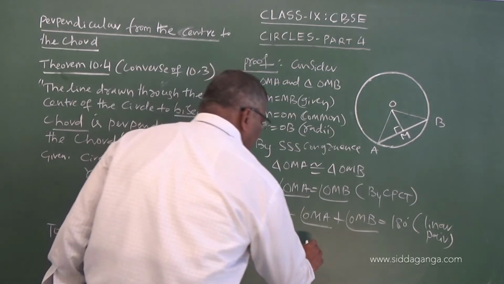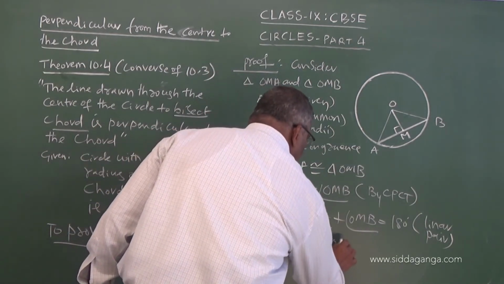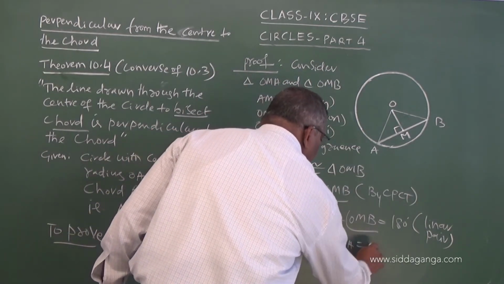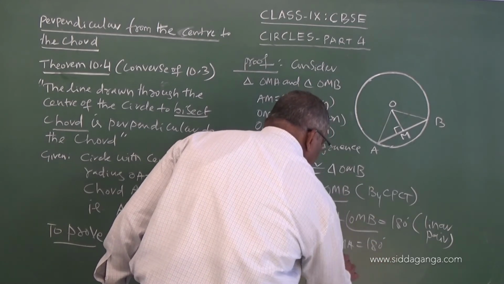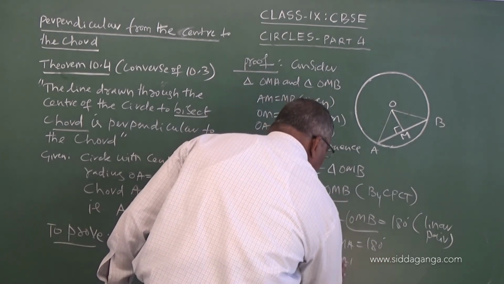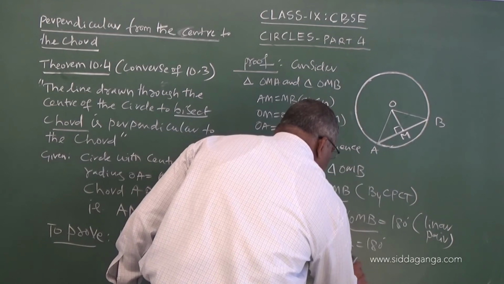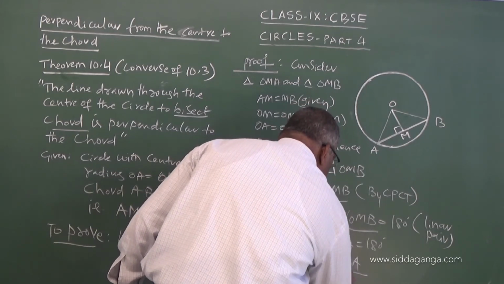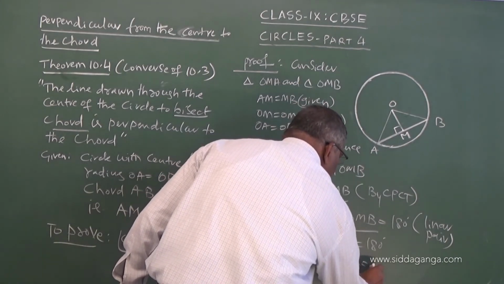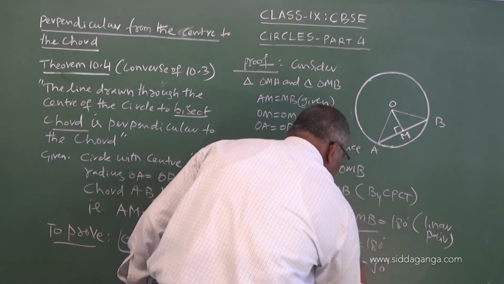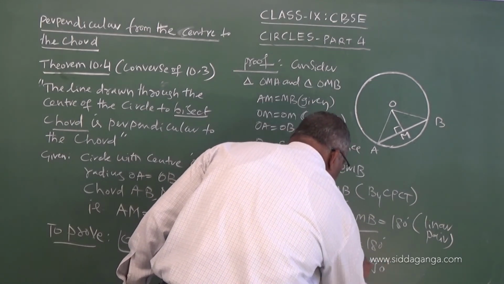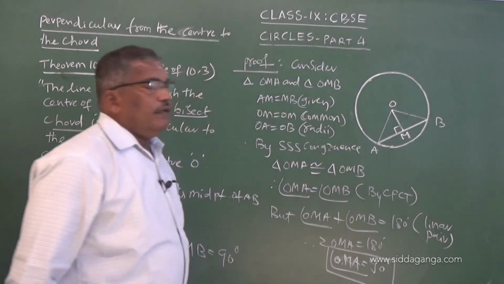So 2 times OMA equals 180 degree, or OMA equals 90 degree. So hence proved.